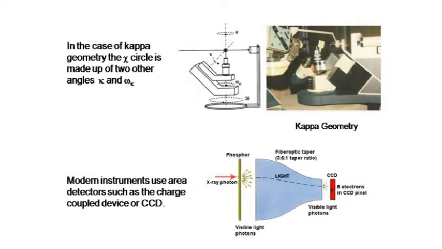And most modern instruments have some kind of image plate detector, or a charge coupled device, a CCD type detector. So essentially you have a phosphor, your X-ray photon hits that phosphor, and this phosphor gives out various photons here, and that's picked up by a fibre optic taper into your charge coupled device.